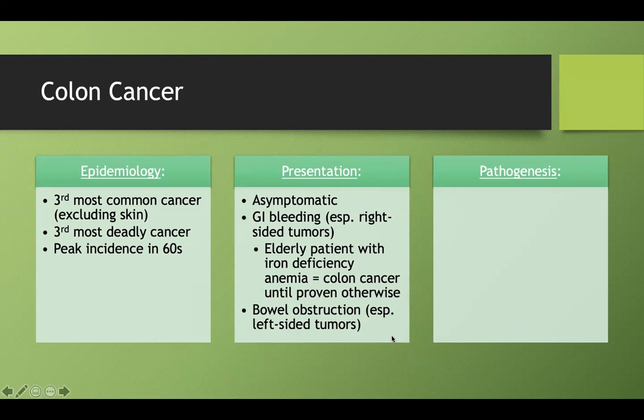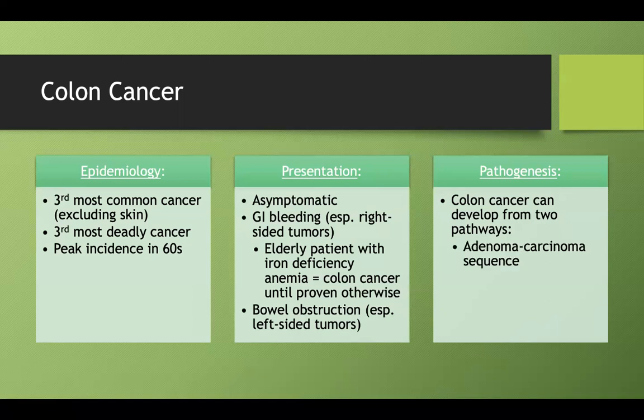It's because on your left side, your stool is more well-formed and you have a lower diameter, so it's more likely to cause obstruction on that side. You need to know both pathways from which colon cancer can arise, okay? There's the adenoma carcinoma sequence, which I've alluded to a little bit in the polyp section. And there's also something called the microsatellite instability pathway, or the MSI pathway.